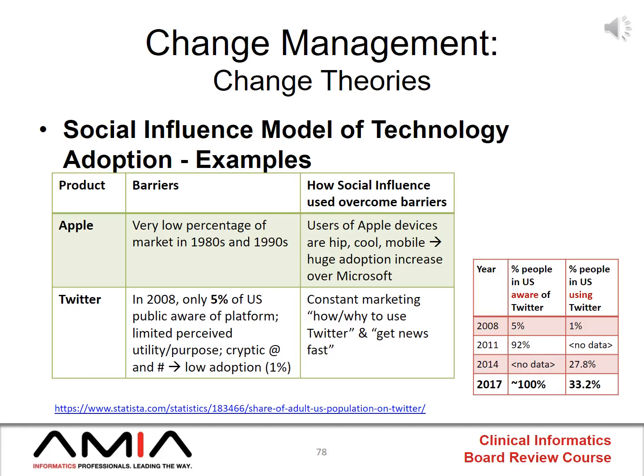In 2014, the usage of Twitter had increased to approximately 27.8% of the U.S. population, and in 2017, practically everyone is aware of this platform, even if they don't understand it or use it, simply because of its impact in politics and its pervasiveness in the news.